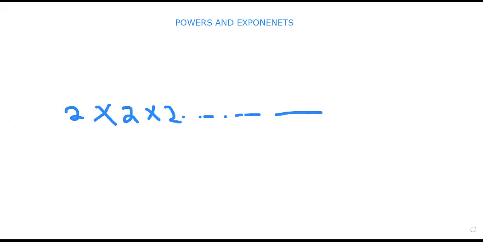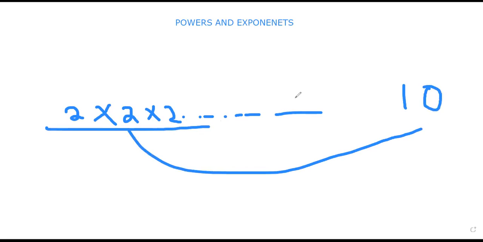If you have 10 twos, you cannot sit and write 2 10 times. Instead, you can write 2 to the power 10. This is in the standard form.